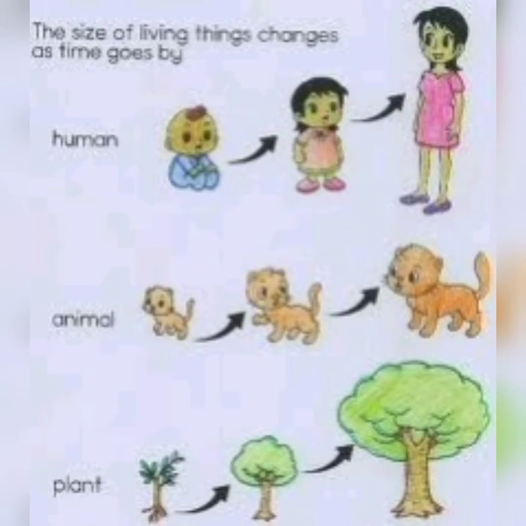Here the picture shows a baby grows into a child, then grows into a woman. The second picture shows a kitten grows into a cat. The third picture shows a plant that grows into a tree.